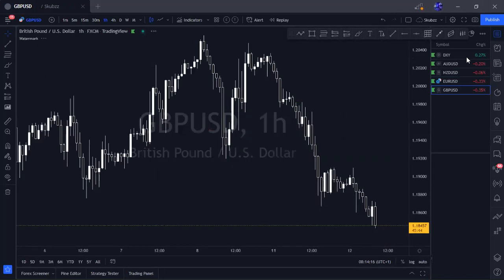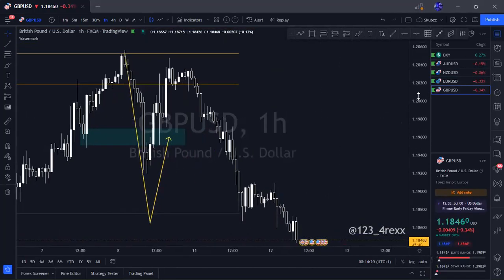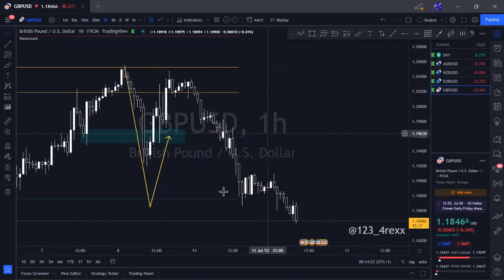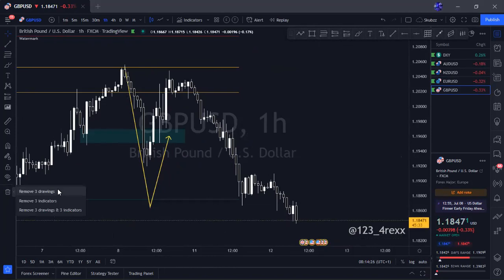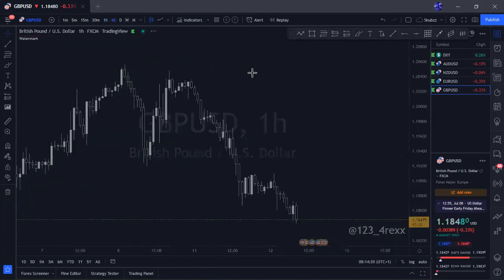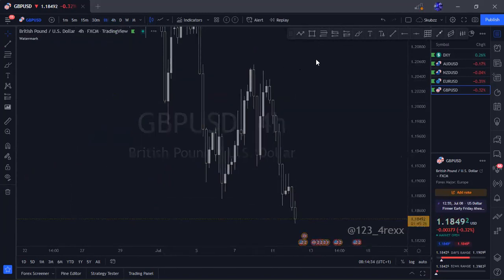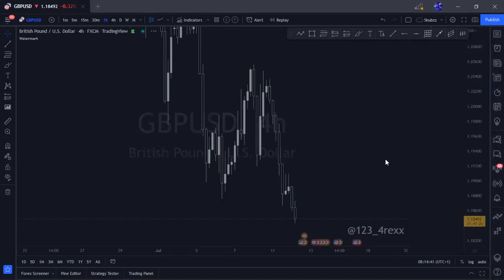Let's take a look at GBP USD. GBP USD is very tricky. Let's look at the 4H first. Yep, we're bearish on the 4H. So now, our directional time frame.